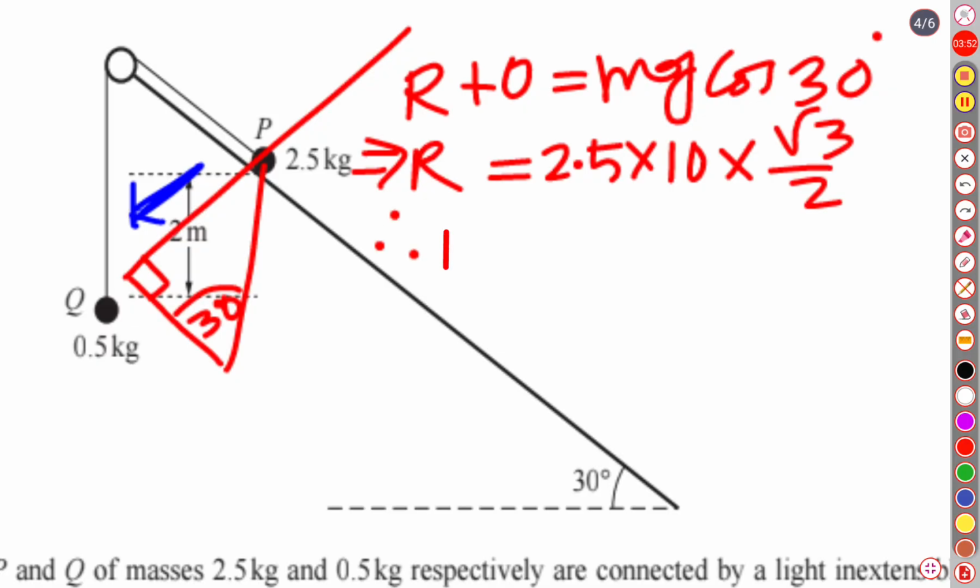Hence our normal reaction force is 25 root 3 over 2. If we divide it by 2, it is 12.5 root 3, which is the normal reaction force.